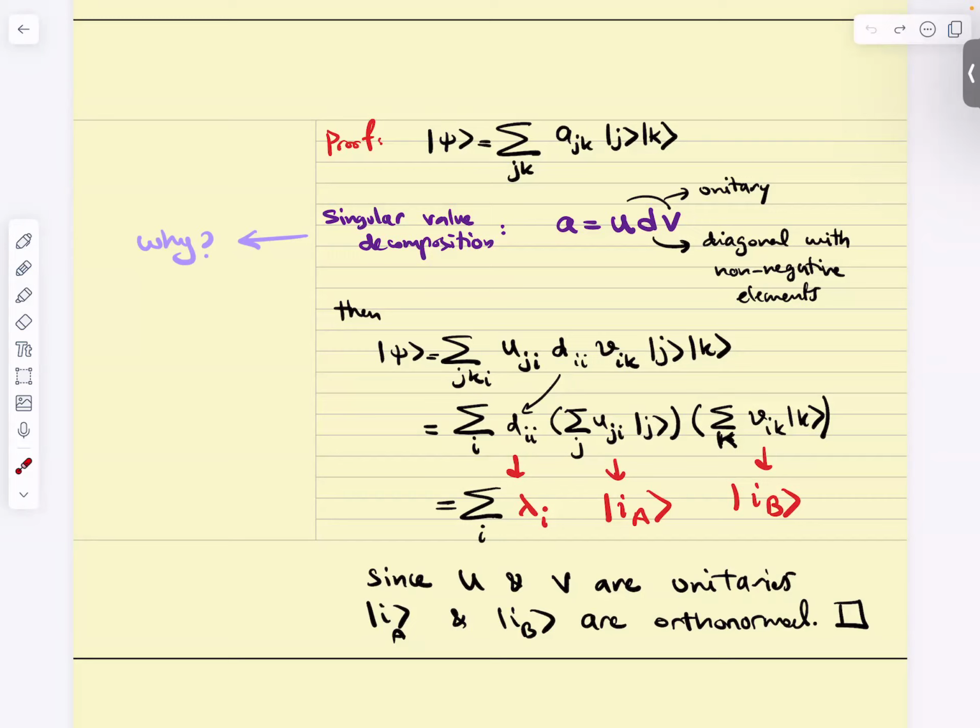Okay, so that tells you that this is a matrix. Let's do a singular value decomposition. You could write it as, so this is matrix multiplication, right? I've written A as U, D, V. These are matrices. I know that my notation might not be very obvious, but these are matrices, right? So you get U_ji, D_ii, because D is diagonal, V_ik.